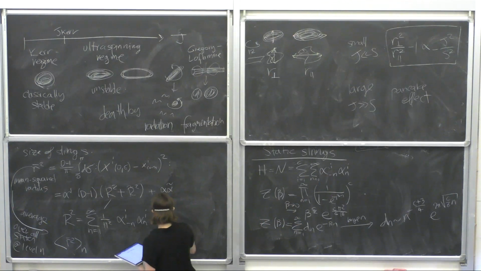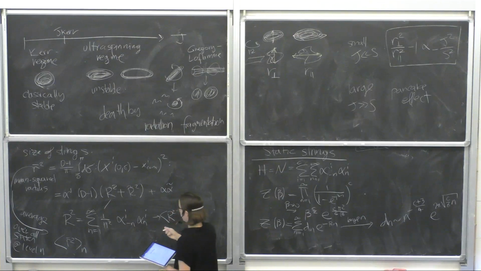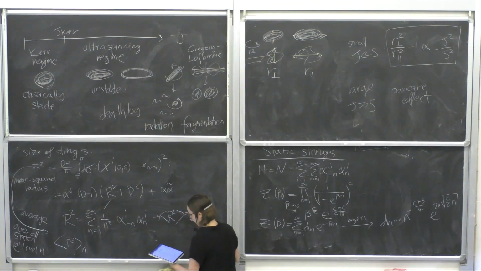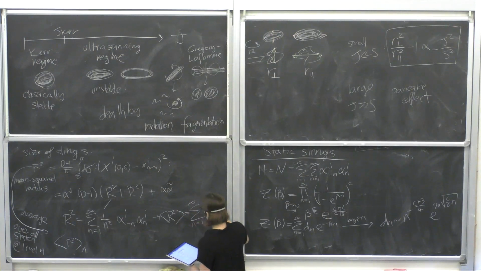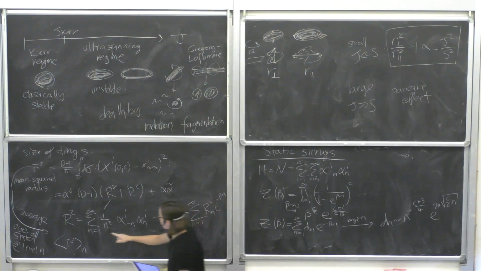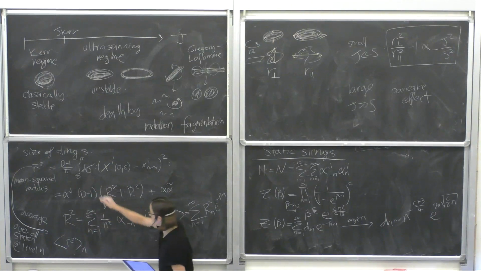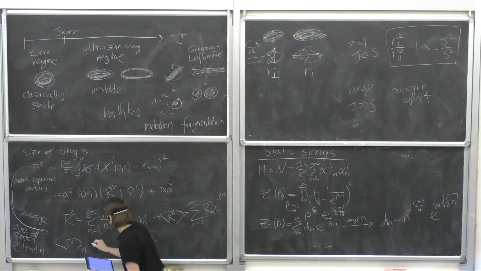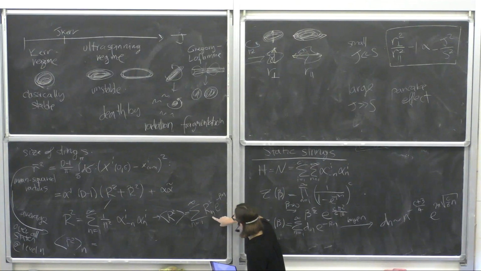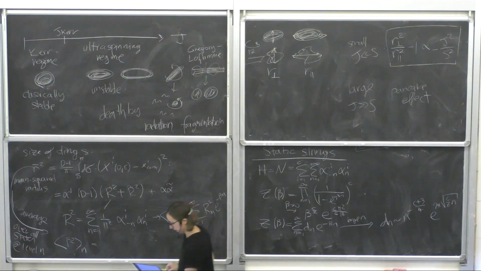So if I look at the average value of this capital R squared, I will express it as an infinite sum of some coefficient, like we did for the density of states. So this is some coefficient, and then there's e to the minus beta n. And putting the average on the left-hand side gives me the average of this on the right-hand side. And this is then related to this R_n coefficient.